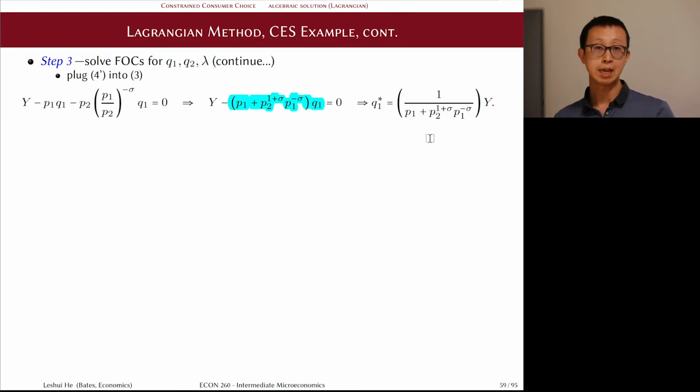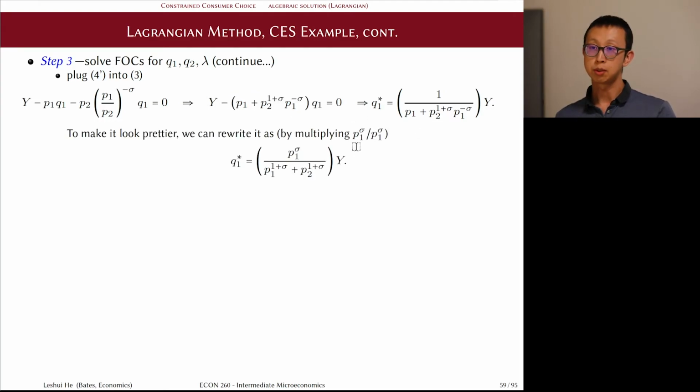Well, this could be the end for the solution of Q1 star, but what economists usually do is rewrite the expression slightly by multiplying this term in the bracket here by P1 to the power of sigma divided by P1 to the power of sigma, which has a value of 1.